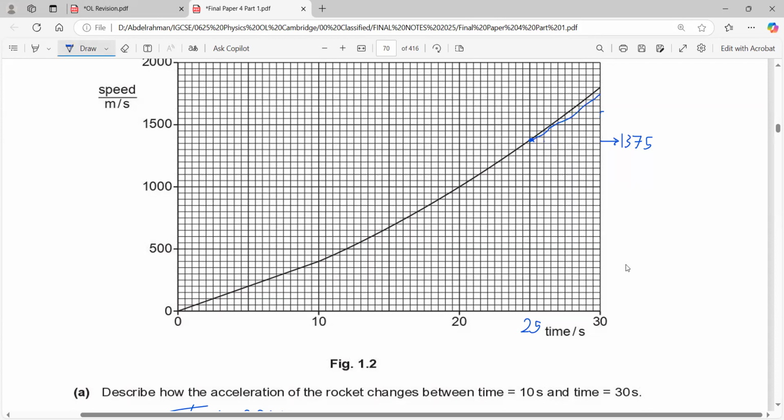for example if it reached this point, that's why I tell you the line is almost constant. If the line reached this point, here it's 1750. Can I find the slope? Yes.